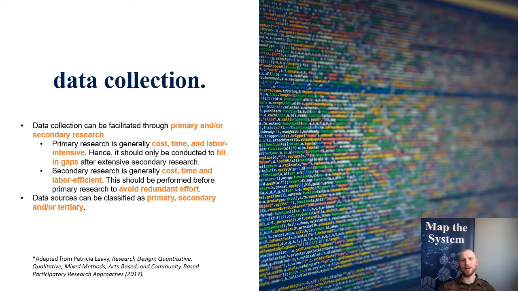Now, when gathering data, sources can be further classified as either primary, secondary, or tertiary. Primary sources are generally first-hand records that provide direct data on your selected topic, such as original documents, creative works, and artifacts. Secondary sources are derivative records based on secondary evaluations of primary sources, such as essays, articles, monographs, and the like.